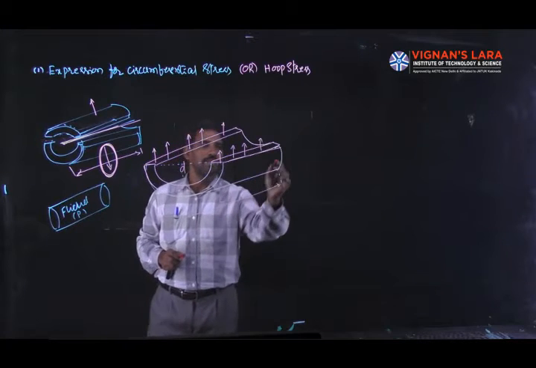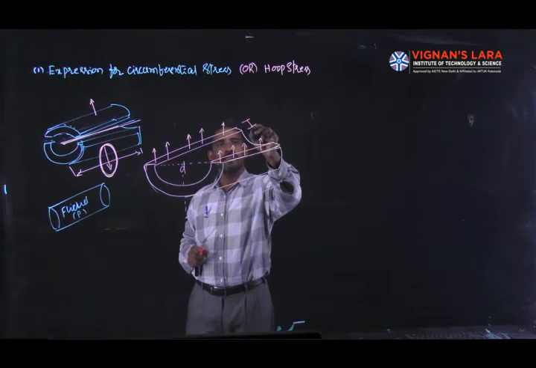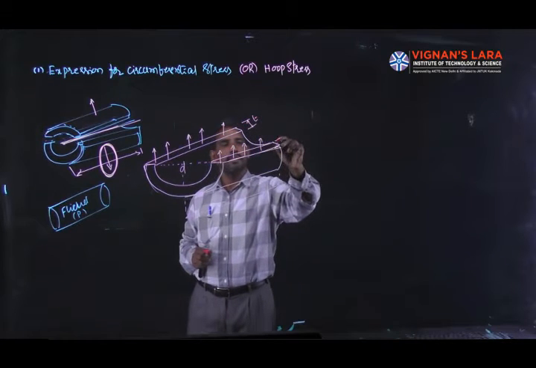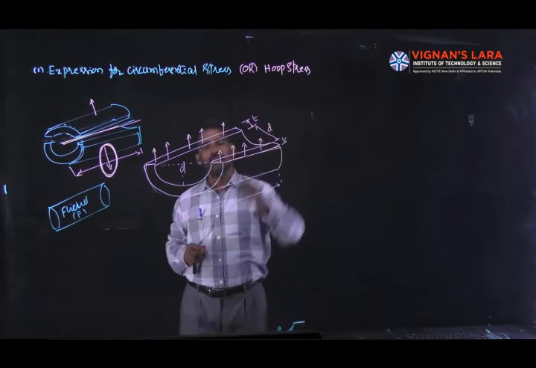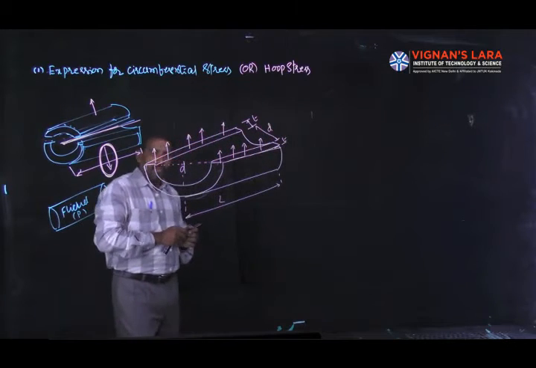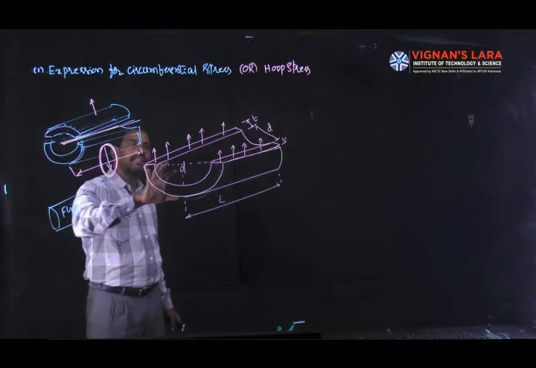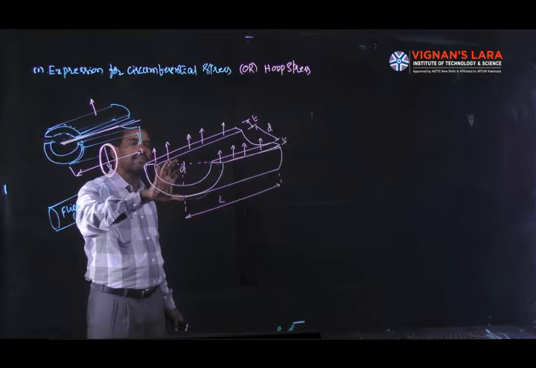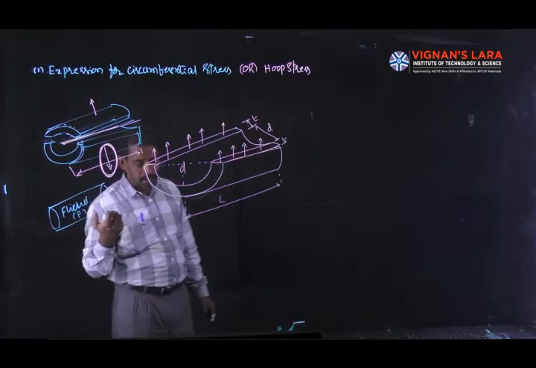Am I right? So this becomes the thickness, the thickness of the cylindrical shell, and this is the diameter of the shell. Always try to understand the stress induced in a particular direction due to the fluid pressure, am I right?